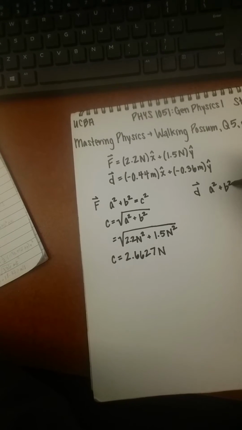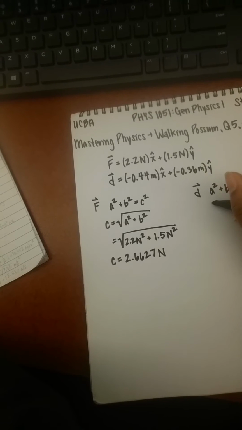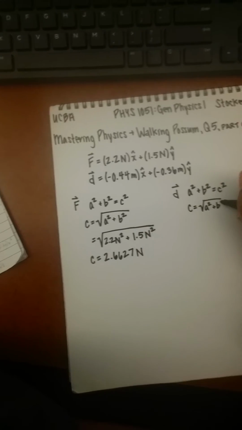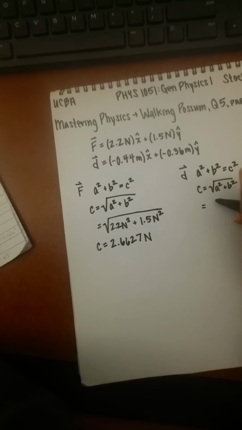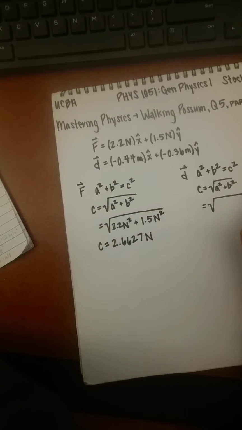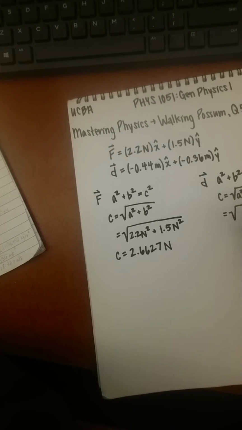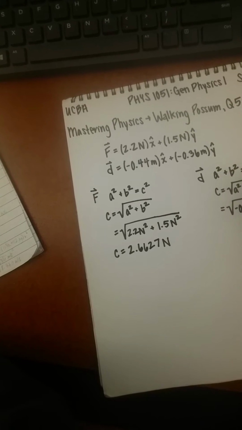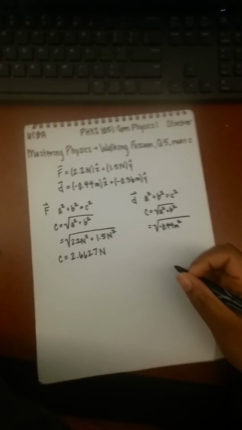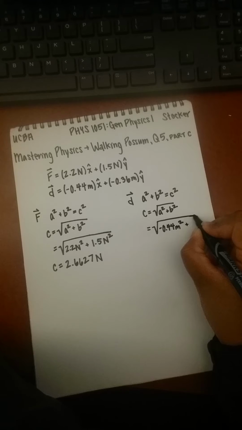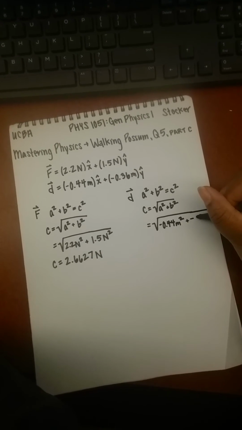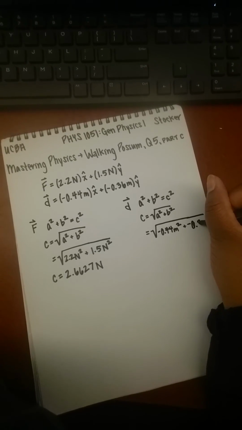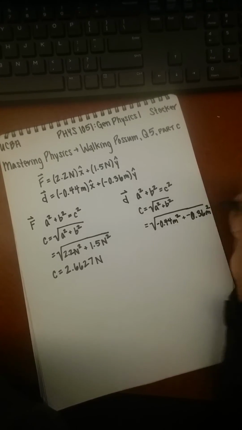Using the Pythagorean theorem again, C is equal to the square root of a squared plus b squared, is equal to negative 0.44 meters squared plus negative 0.36 meters squared.